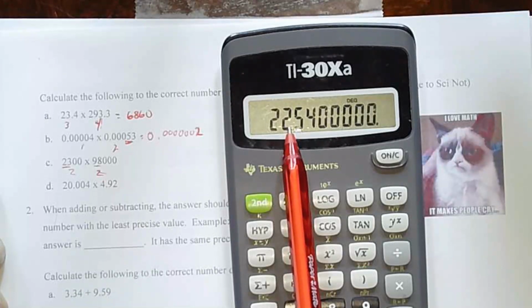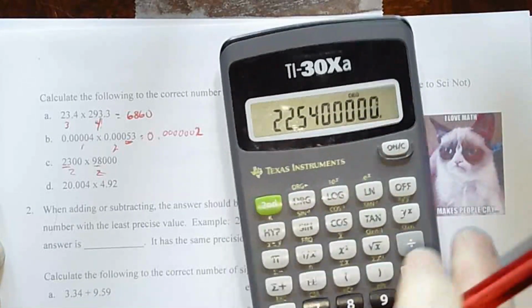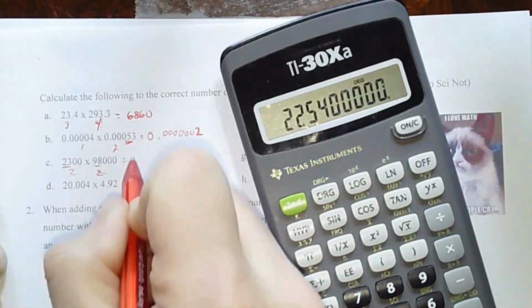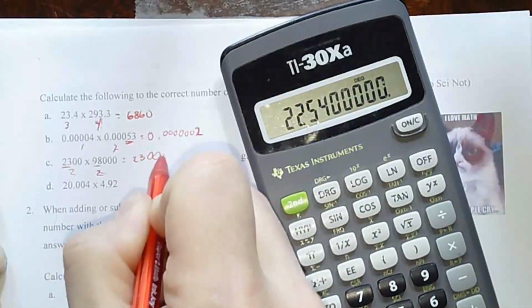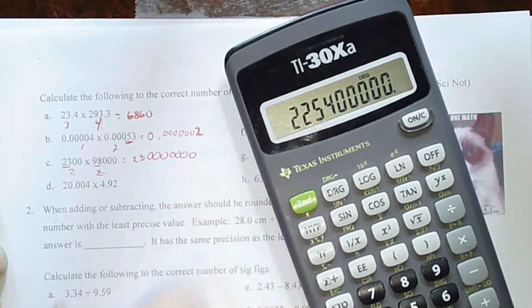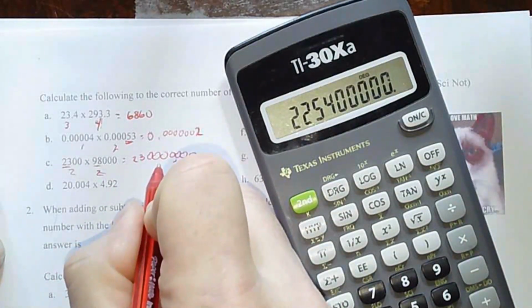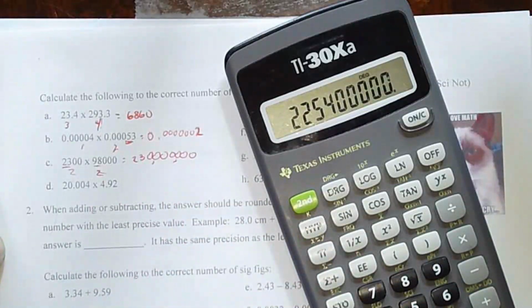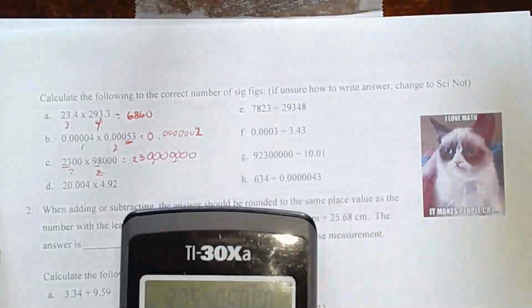This is also a very big number, so it'd be very handy to use scientific notation. But it's going to have 7 zeros, 1, 2, 3, 4, 5, 6, 7, and then a 2 and a 3. So that is going to be 230 million. Okay, we're going on to the next one.